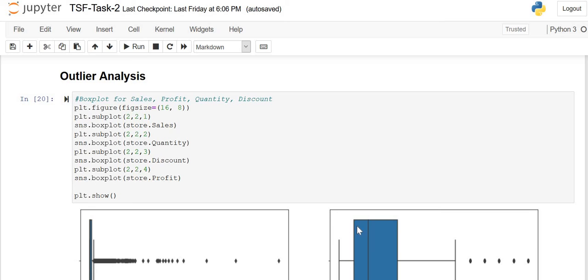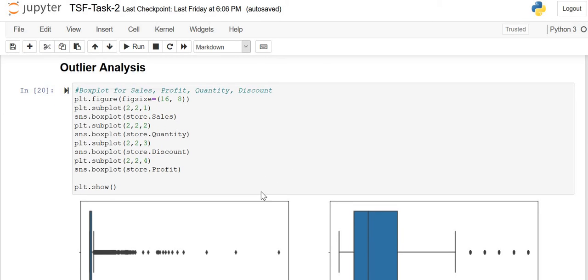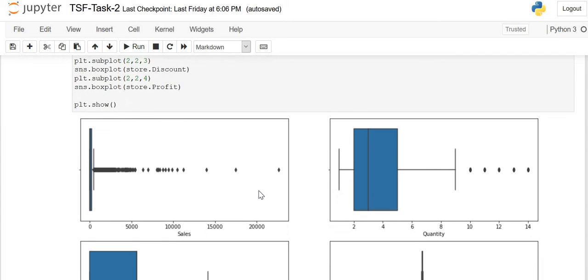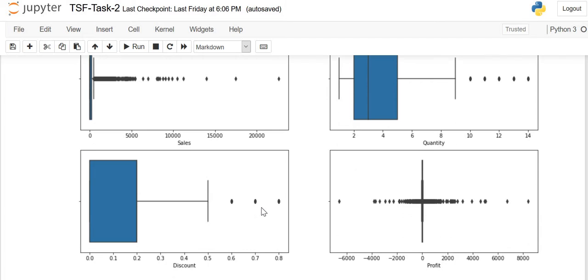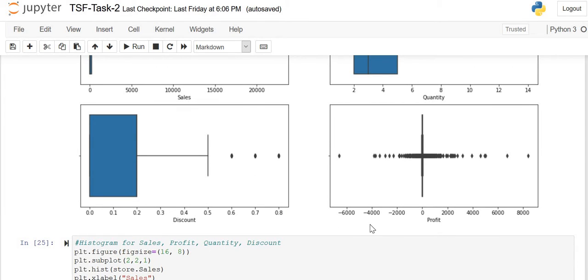I have performed an outlier analysis on the variables of the data set. So we see there are a lot of outliers for the sales, quantity, discount, and profit variables.